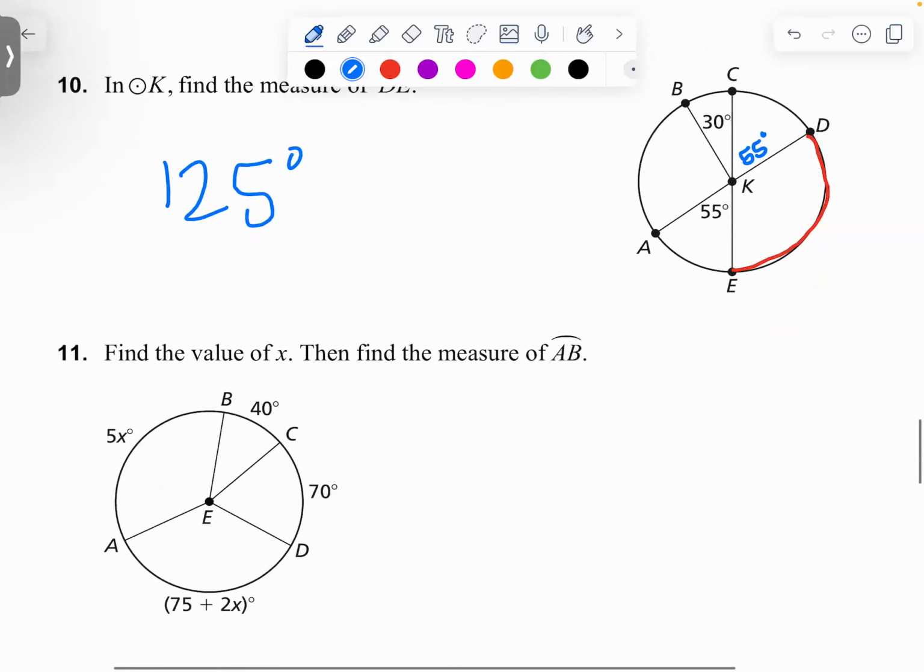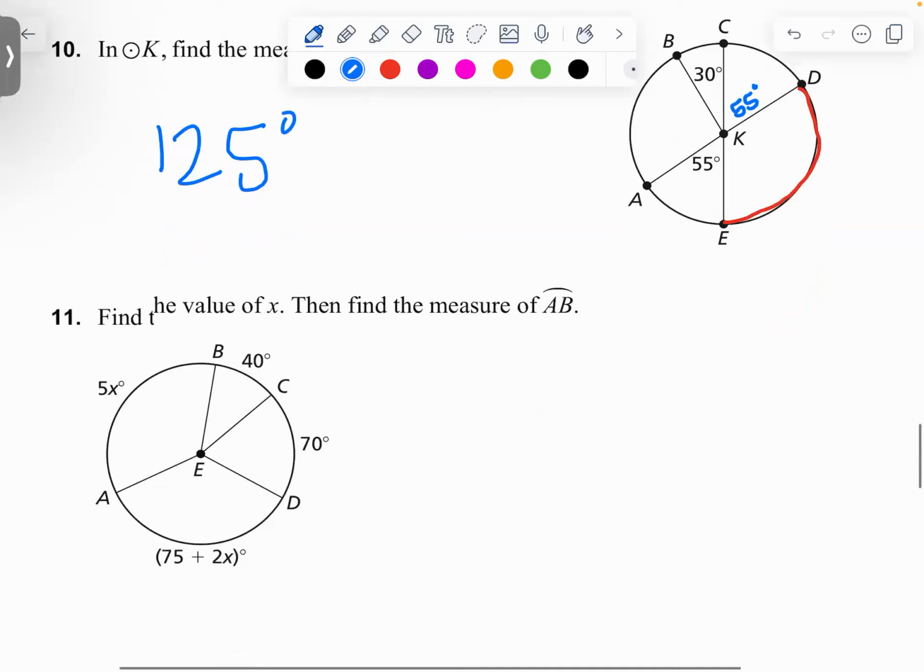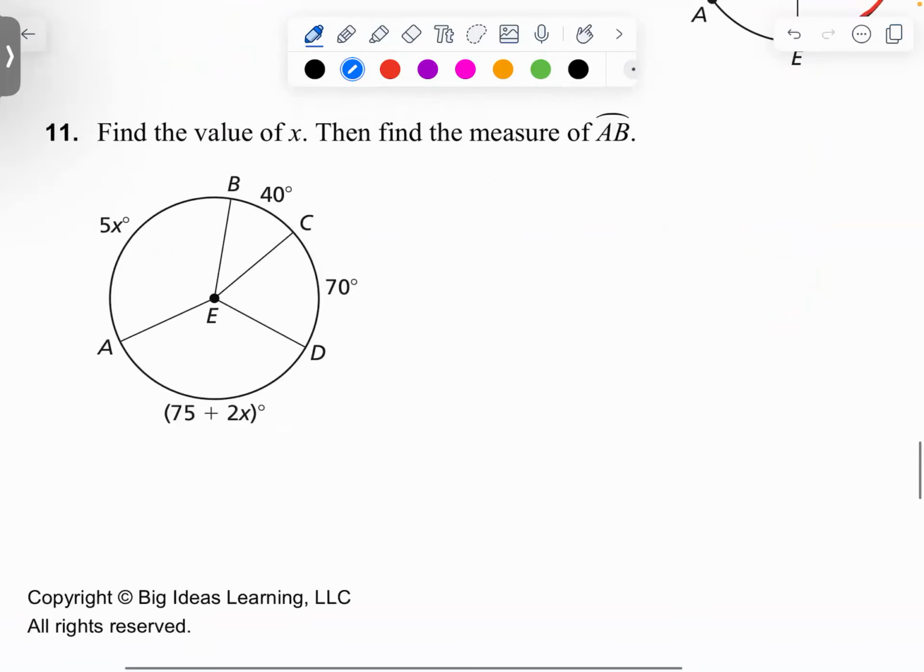All right, now we're gonna do number 11, then I'll get to your homework. In number 11, I want to solve for x. Then find the measure of AB. Well, how the heck am I gonna find x? Oh, we have every single arc, don't we? What do all the arcs add up to be?